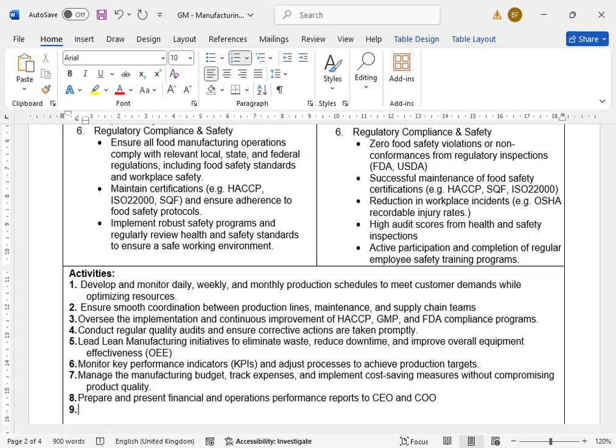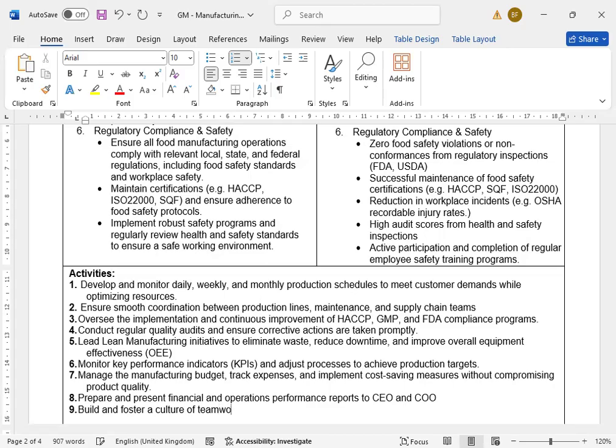Then number 9, activities. Build what? Build and foster a culture of teamwork. Very important in workplace.